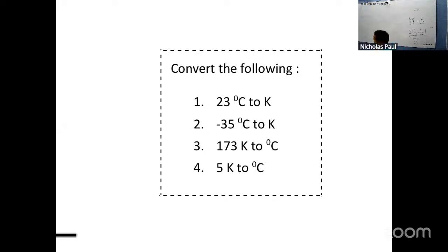Take your time, convert them. Degrees to Kelvin, Kelvin to degrees.